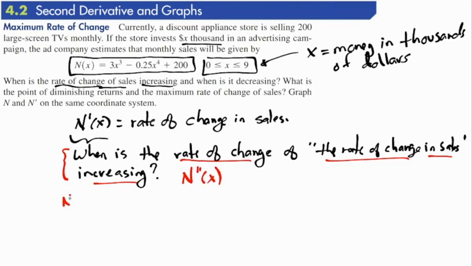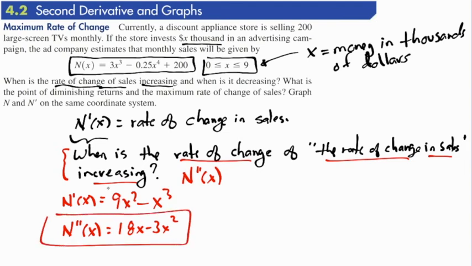So if we take n prime of x, we can use the power rule to find that it is 9x squared minus x to the third. And if we take n double prime of x, we get 18x minus 3x squared. Now, we want to know, when is this increasing?